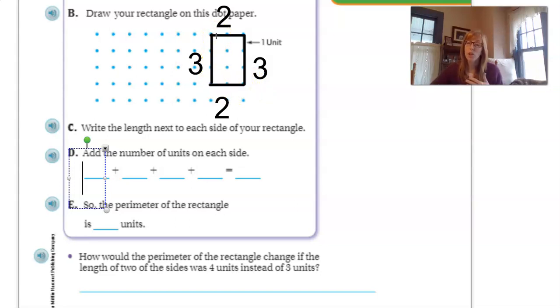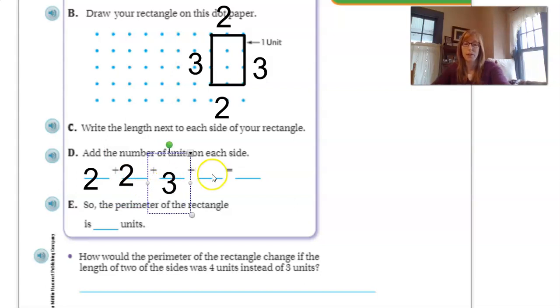If I wanted to know how long my fence was, I would walk around, measure it, and add them all up. So I would have 2 plus 2 plus 3 plus 3. And I know my numbers are a little crooked. I apologize for that. So then you know that you are adding up these numbers because it's the distance around something. So I went 2, 3, 2, 3.